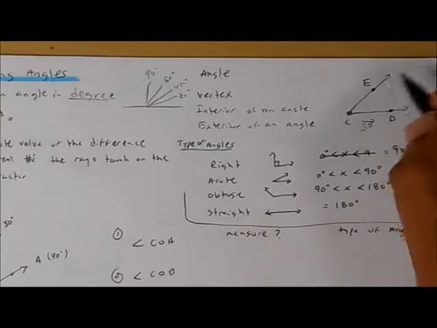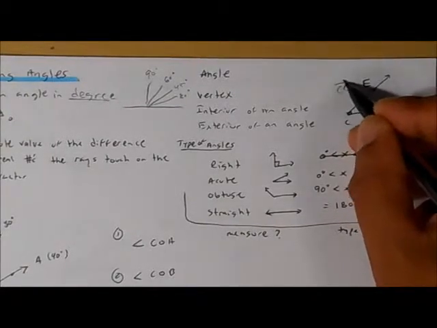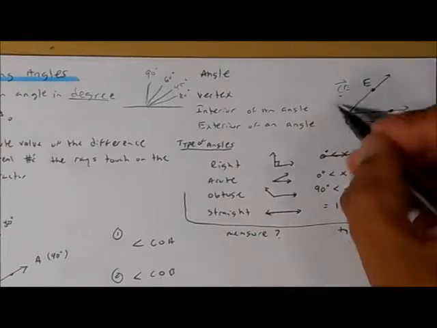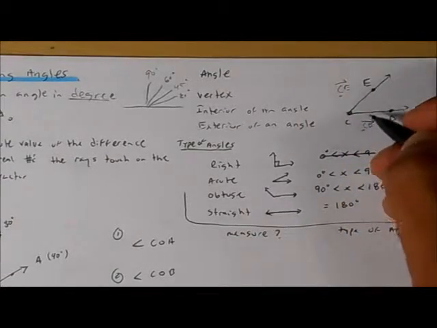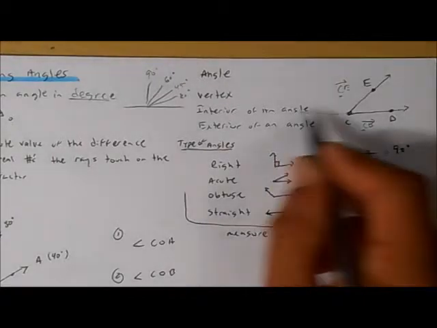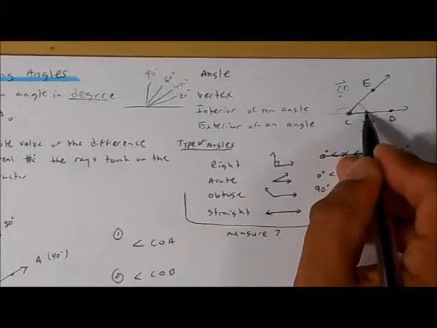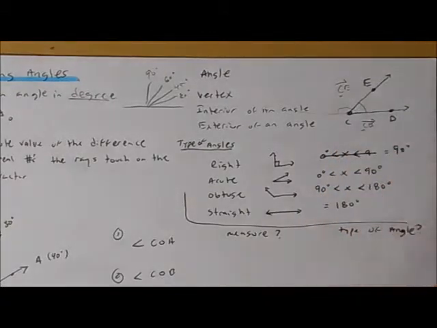The endpoint for ray CD is C, and the endpoint for ray CE is also C. This is where they start off. This is considered the center of the protractor. If you extend this, then we need to measure the degrees inside here.